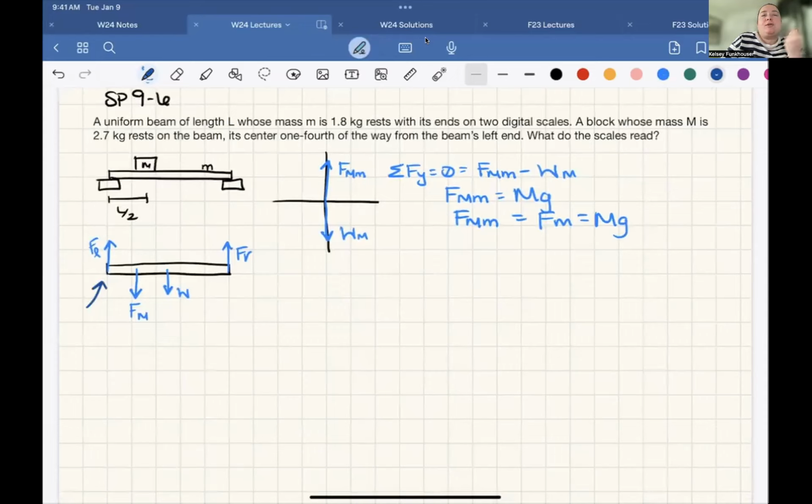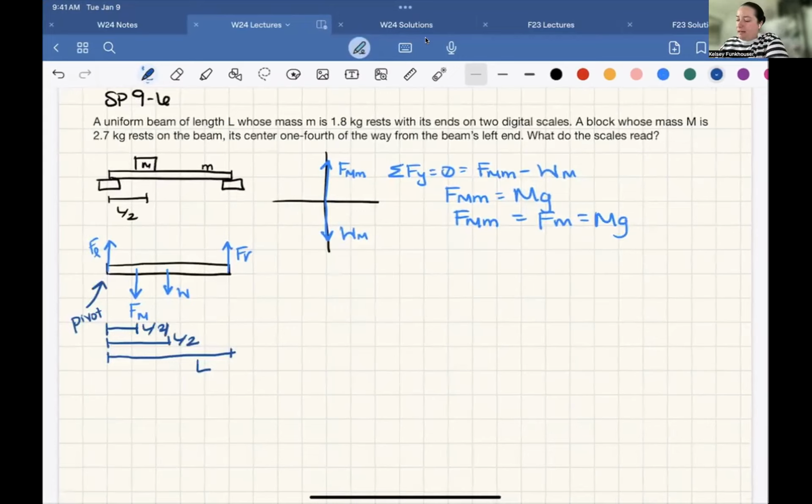And also one thing to do, it doesn't really apply to this situation, but in other situations, sometimes you can say that the pivot point will be where a bunch of forces are acting, and then you don't have to calculate that force. So anyway, this is our pivot. So we need to know the distances from that to where the different forces act. So this one is obviously the length. This one is L over 2. And then this other one is L over 4.